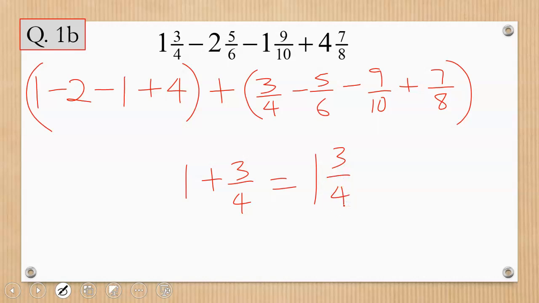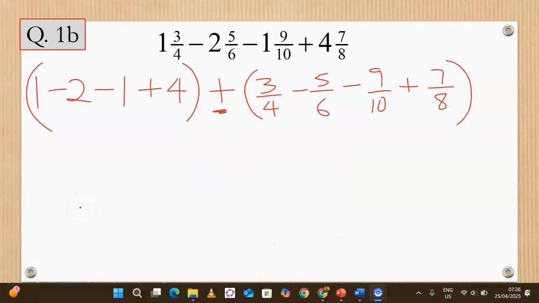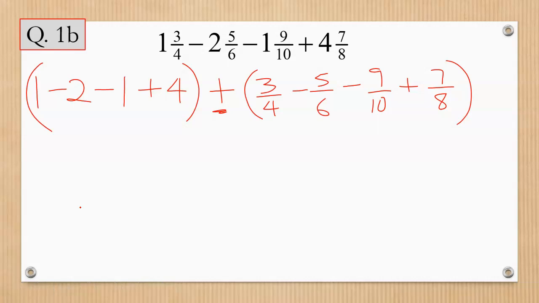Take note of this. It's very important to help you solve questions. If I have 2 whole number 5/6, it simply means 2 plus 5/6. That is why I put plus over here, because the whole number part plus the fractional part will give us a mixed number. Good. With the whole number part, I have 1 minus 2, which is -1, minus 1, which is -2, plus 4, will give me +2.